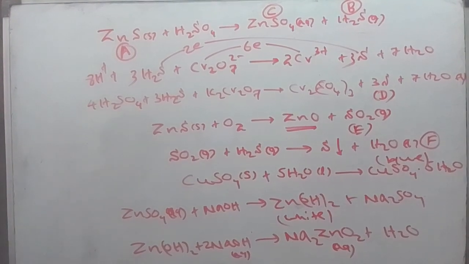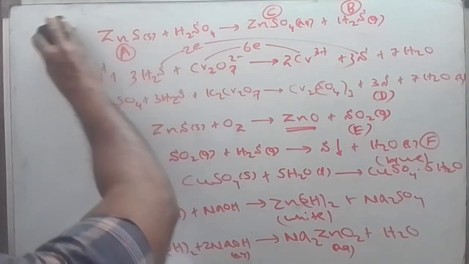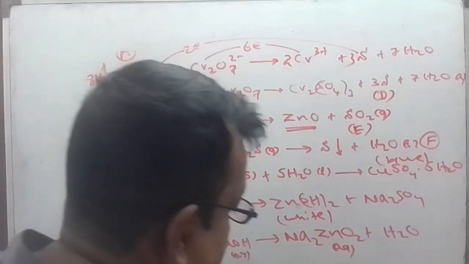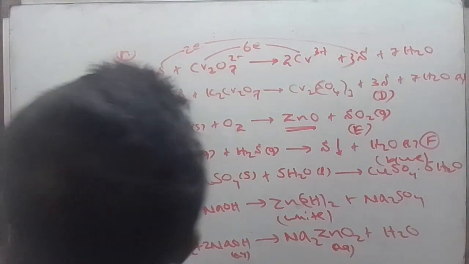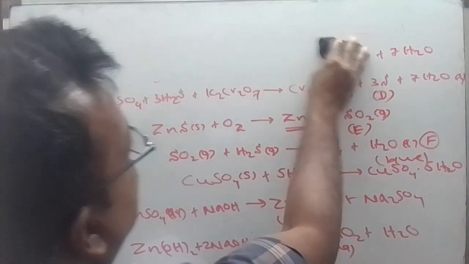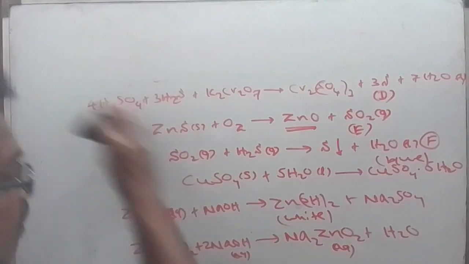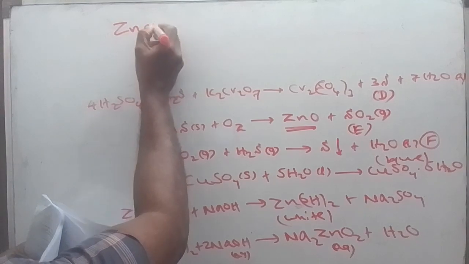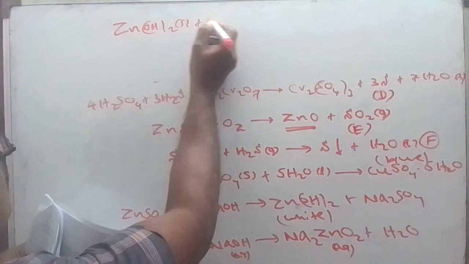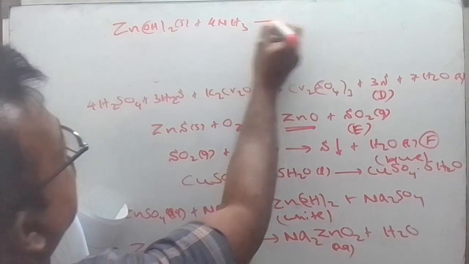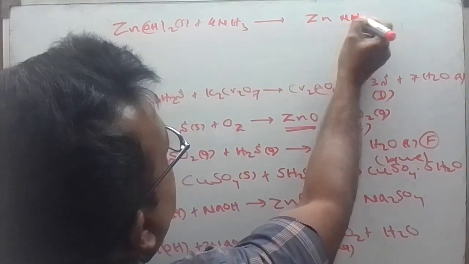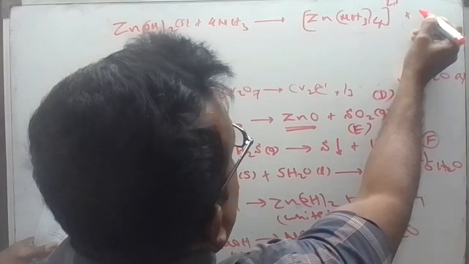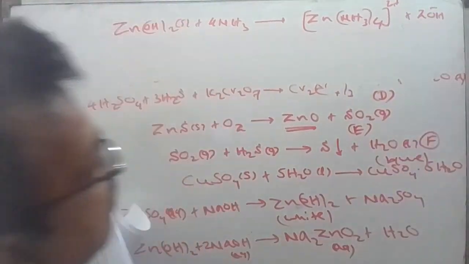Right. I think you are finished with these reactions. Now I am going to clean the above one and write the final reaction, that is the reaction of zinc hydroxide solid plus 4 ammonia giving the zinc amine complex, Zn(NH3)4 2+, plus 2 OH minus aqueous.